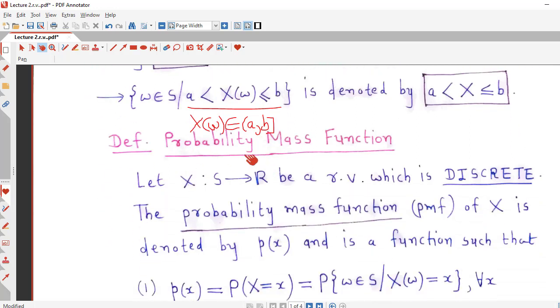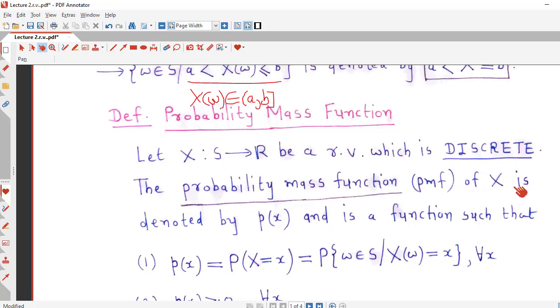Let us try to understand the meaning of the probability mass function. The probability mass function is defined for a discrete random variable. So we start by taking any discrete random variable. Suppose X is a discrete random variable defined on the sample space capital S. Then the probability mass function of X is denoted by small p of x.